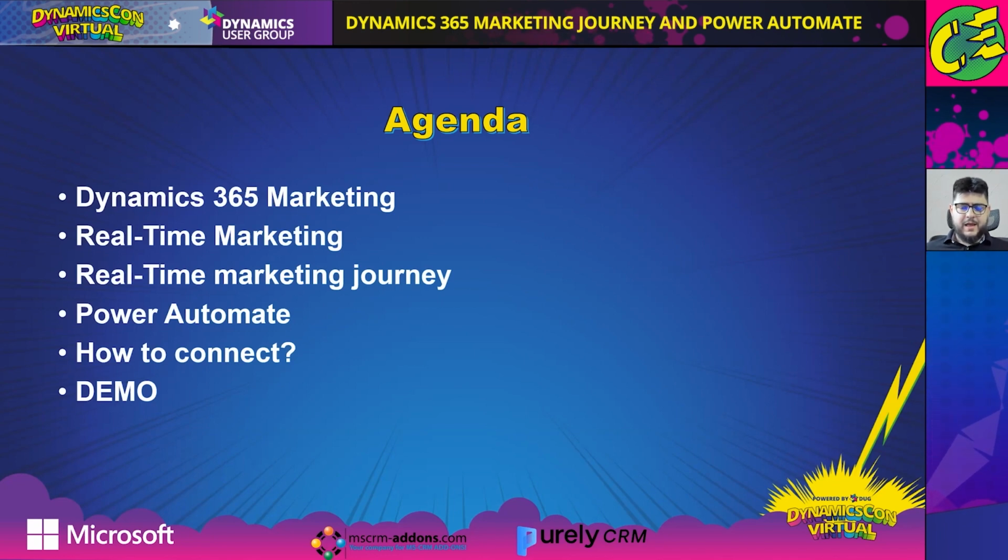After that, I will remind you a little about Power Automate and its core capabilities, and to understand that with Dynamics 365 marketing and real-time marketing, you have all the possibilities of Power Automate to use any kind of action to connect with any external system beside Dynamics 365.